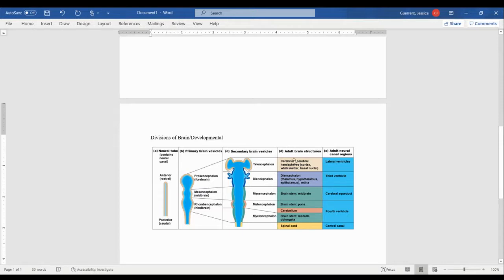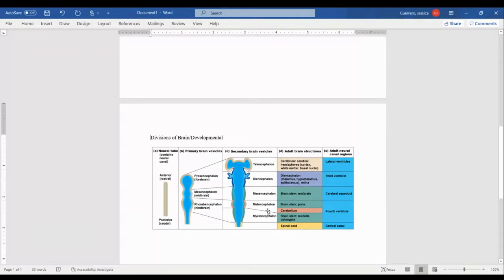And then as you become an adult, actually at birth, it's already divided into these two, the cerebrum and the diencephalon, and it gives you the subparts or sub components of them. And then it gives you the ventricles associated. There are quite a few questions on your quiz regarding this diagram.